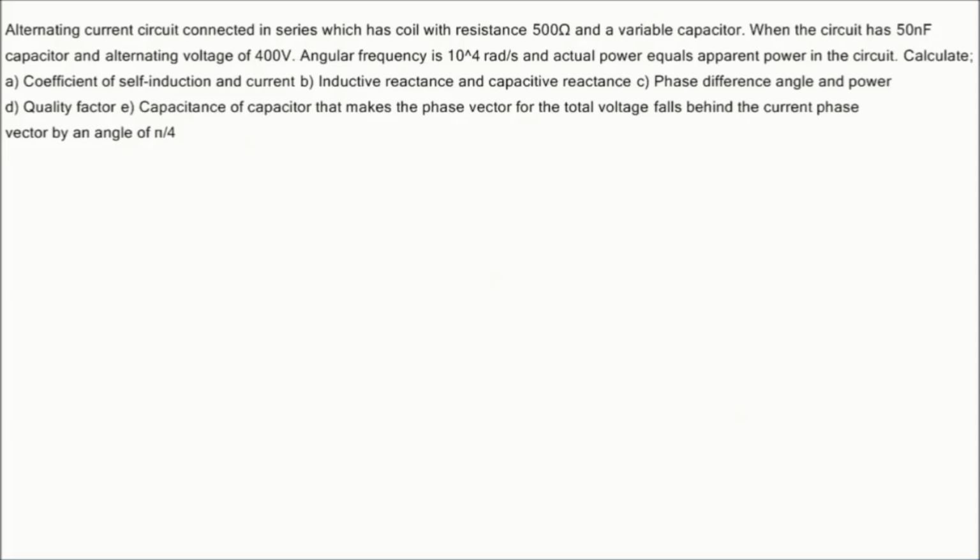For the A, there is hidden information in the question. It says actual power is equal to apparent power. That means the circuit is in resonance.